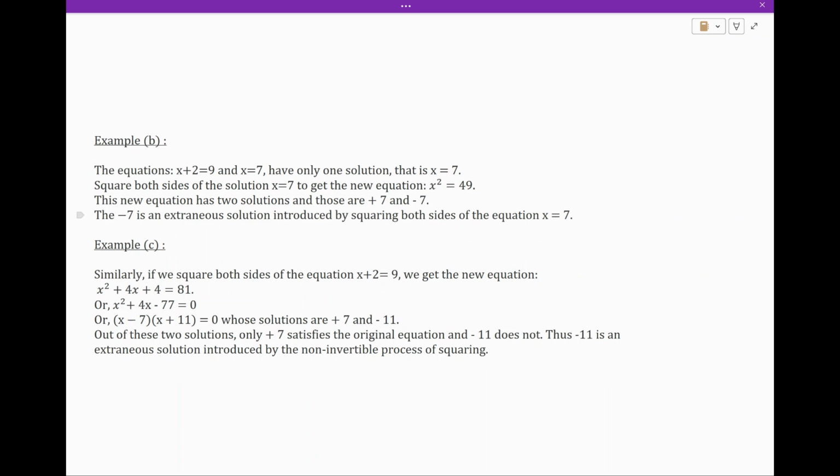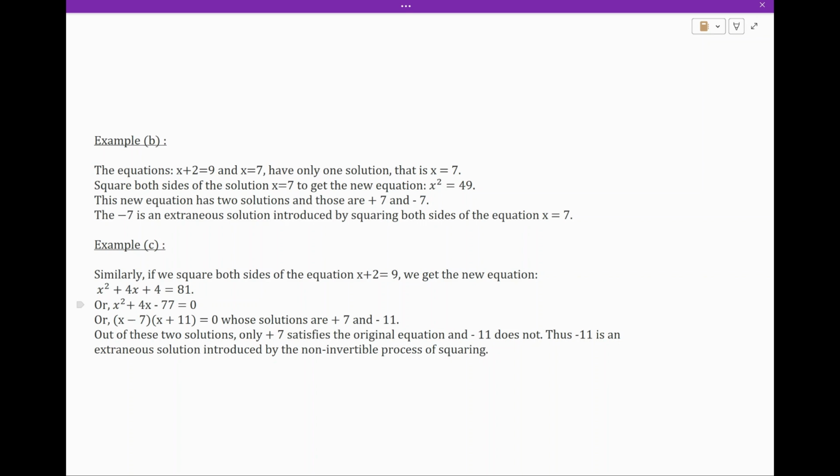Example C. Similarly, if we square both sides of the equation x plus 2 is equal to 9, we get the new equation x squared plus 4x plus 4 is equal to 81, or x squared plus 4x minus 77 is equal to 0.